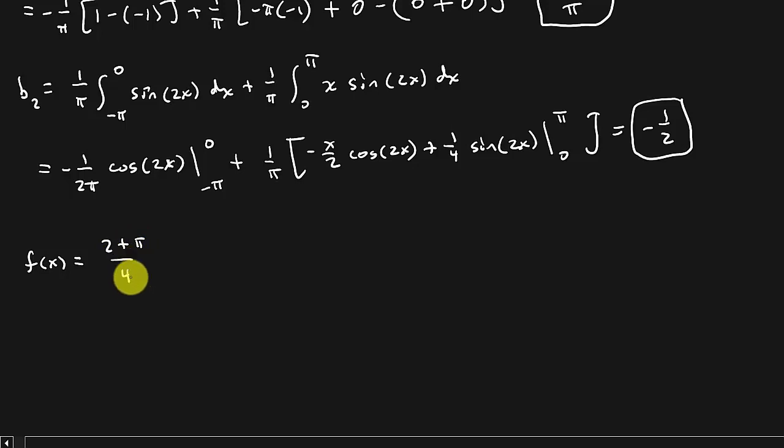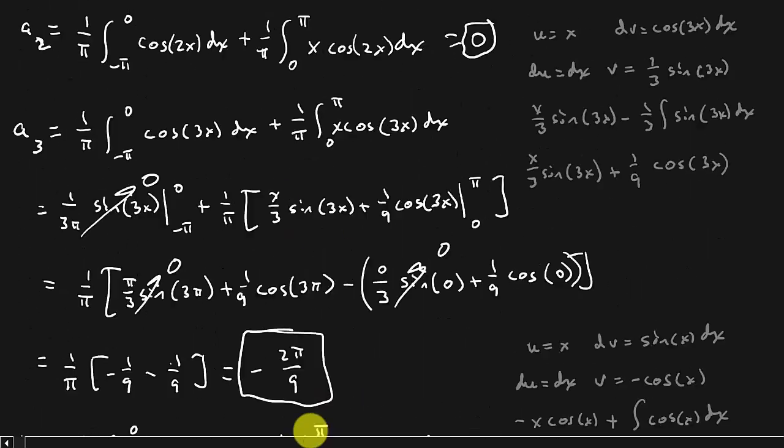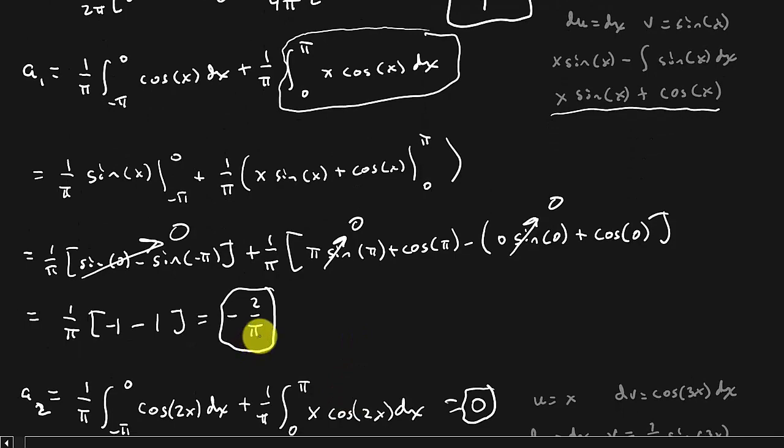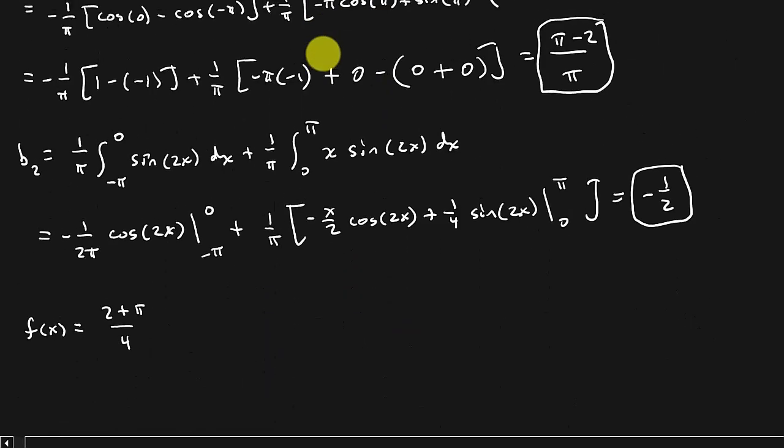All right. And then we've got A1. There's A1, which is negative 2 over pi. So that's going to be minus 2 over pi cosine x. That's A1.